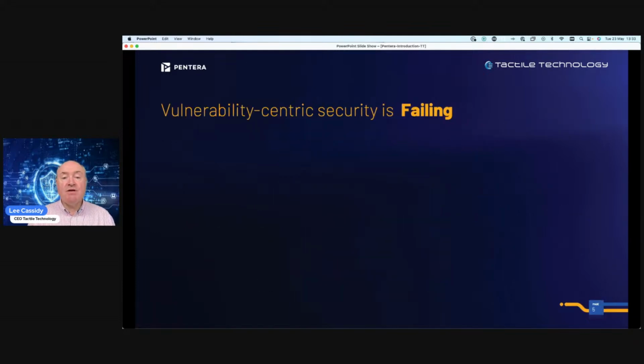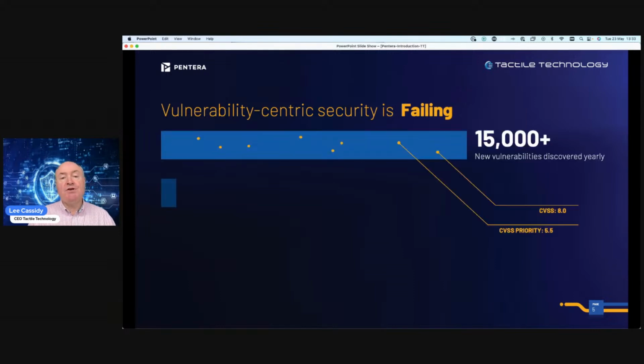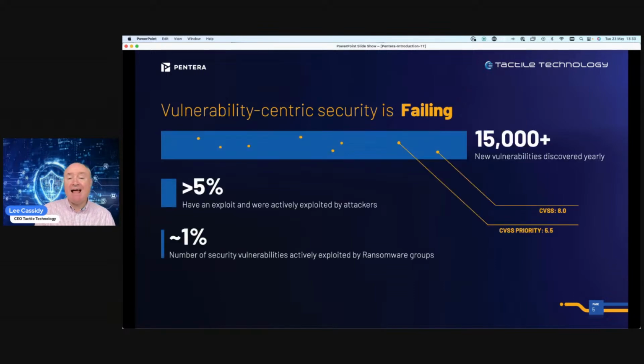So a few issues there. Also, if you look at the vulnerability centric approach to security, what we do is we look at all the vulnerabilities we have. It's becoming a bit of a challenge because there are so many. There are over 15,000 published vulnerabilities currently, for key infrastructure.